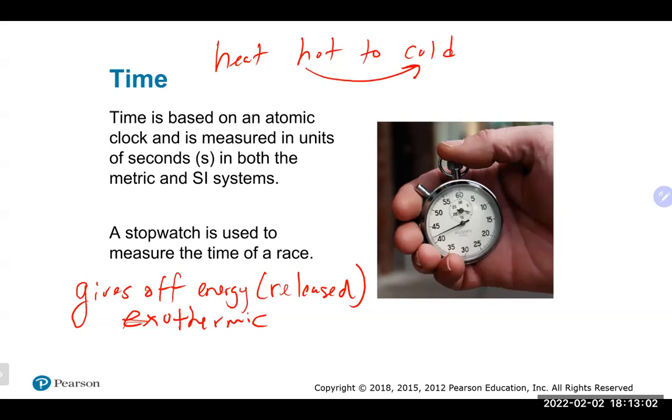So when we say exothermic, it means that the reaction, for example, gives off heat and energy. You light a match, you can feel heat and energy coming off, right? That is an exothermic process, it's giving off heat and energy from the match to the surroundings. So the match is the system, everything else, the air, is the surroundings, and it's giving off all that heat and energy.